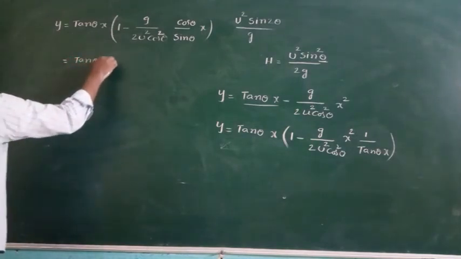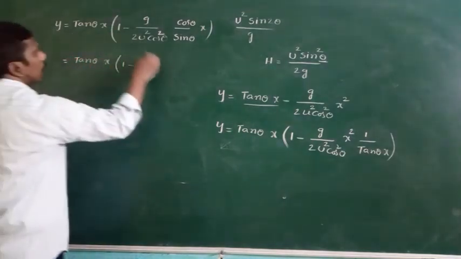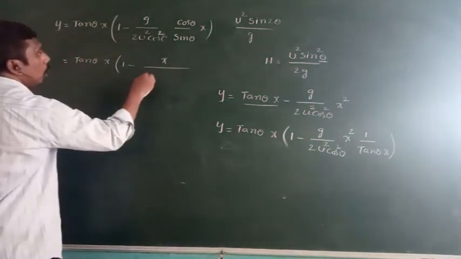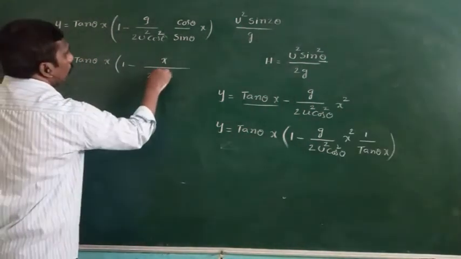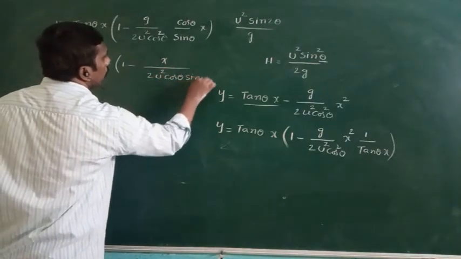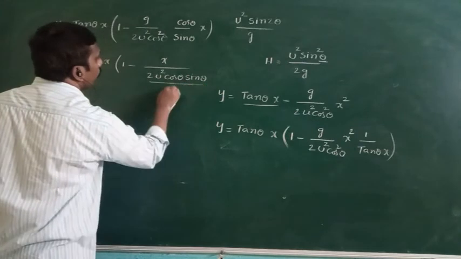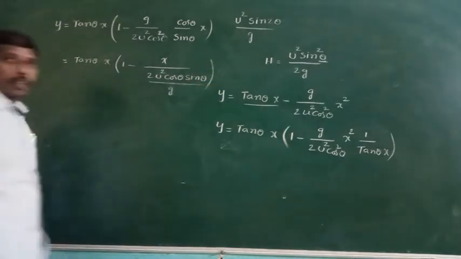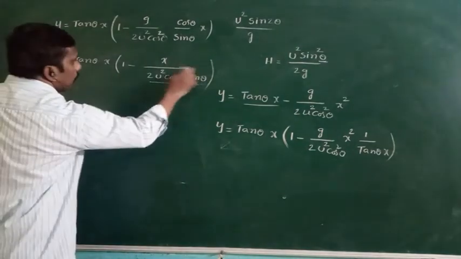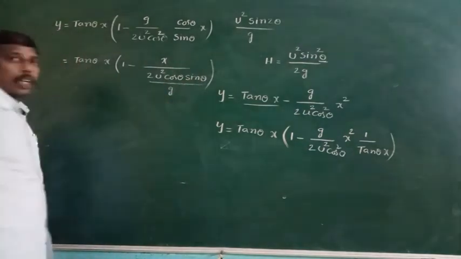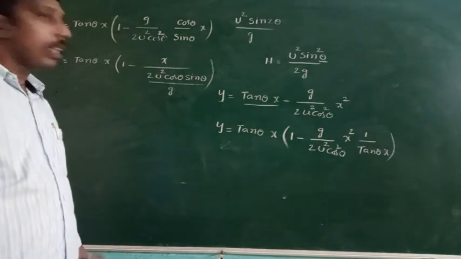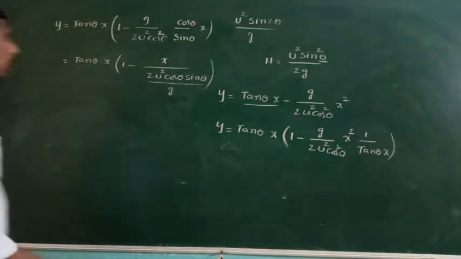Tan theta into x into 1 minus, we can write like this, x divided by 2u square cos theta into sin theta by g. Okay. So this term, 2u square sin theta into cos theta by g, we can write as the range.